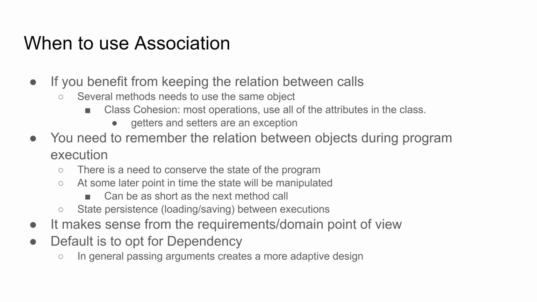This ties into the concept of class cohesion, and it basically states that most of the operations (methods) in a class should use all of the attributes in the class.